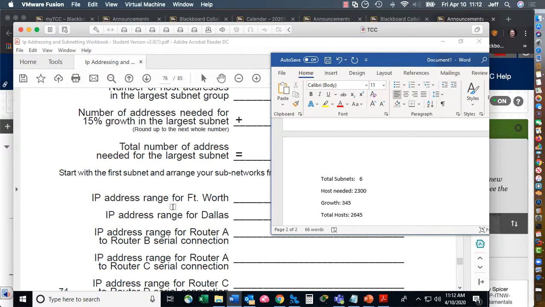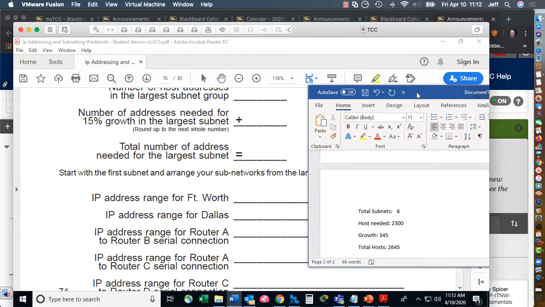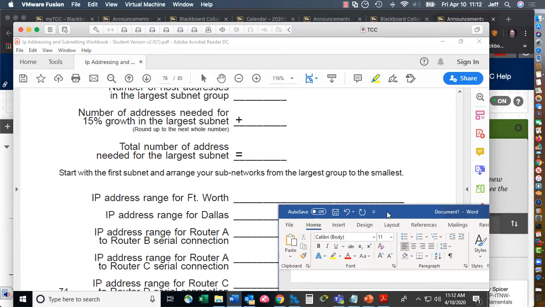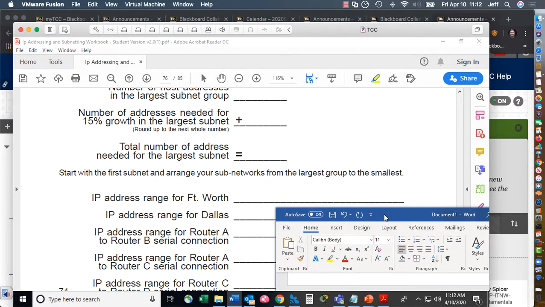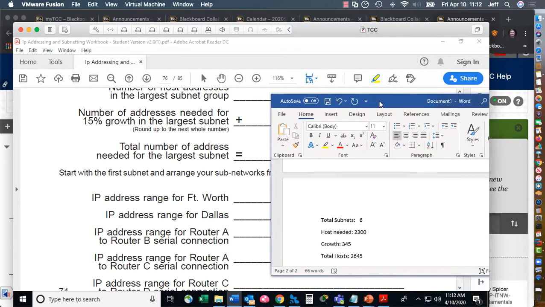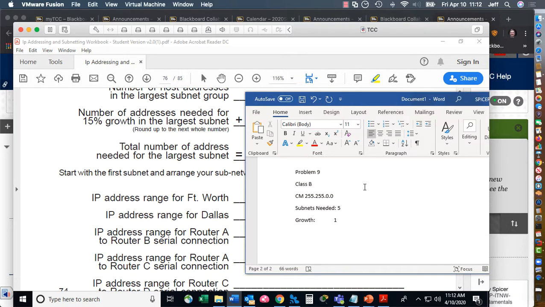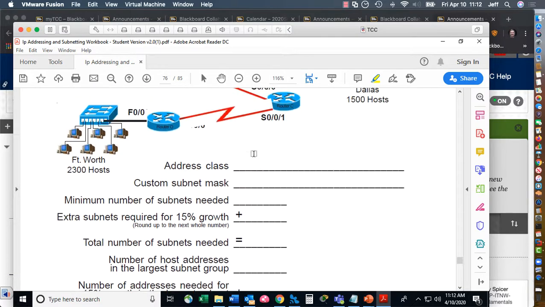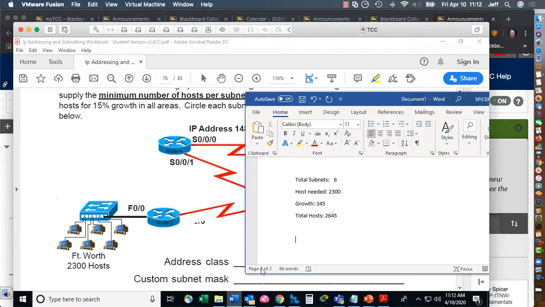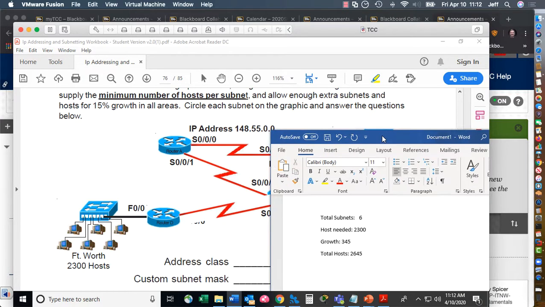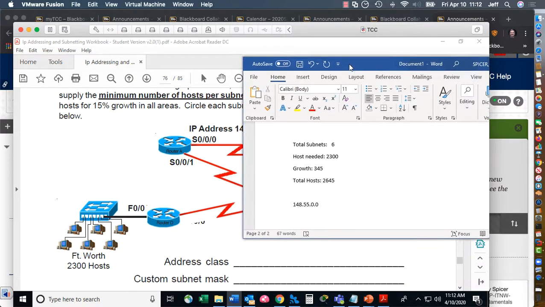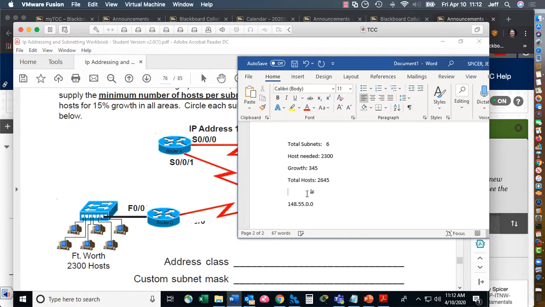So now we need to put the subnets in: the largest group gets the first subnet, the next largest gets the second, and so on. So we've got our IP range of 148.55.0.0, and we need 8 subnets, right?